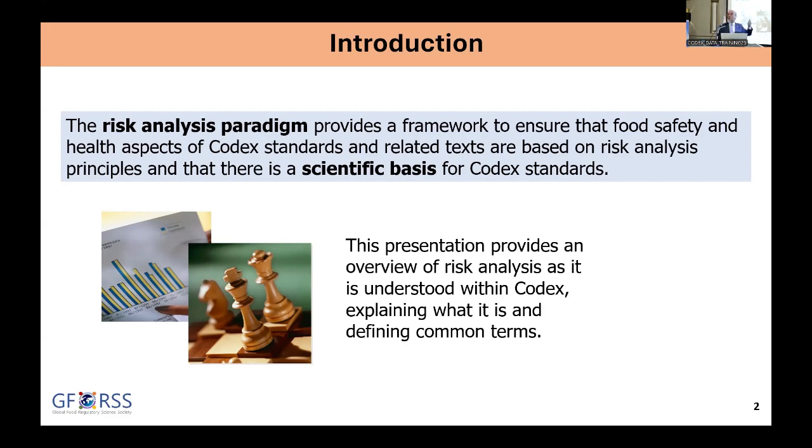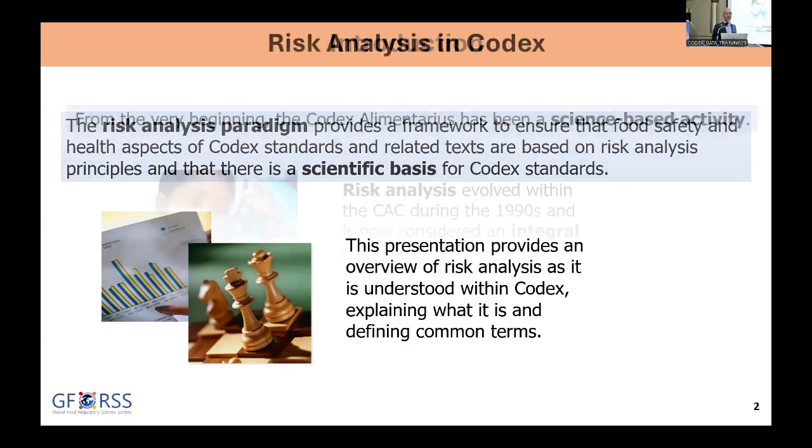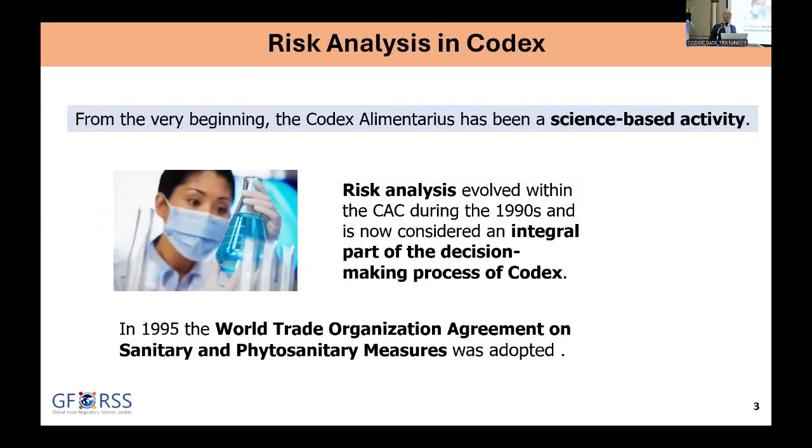Now, of course, foods have risks associated with them, and we use food risk analysis as the basis for the decision-making process. And we're going to be going through the way food risk analysis was developed and was presented in the Codex framework.